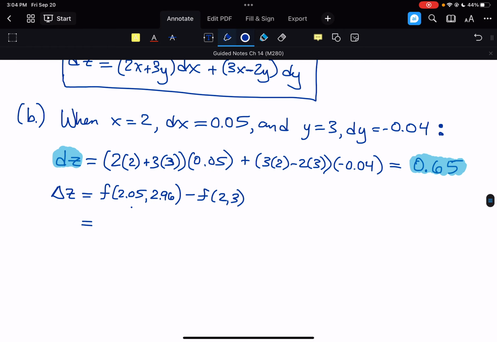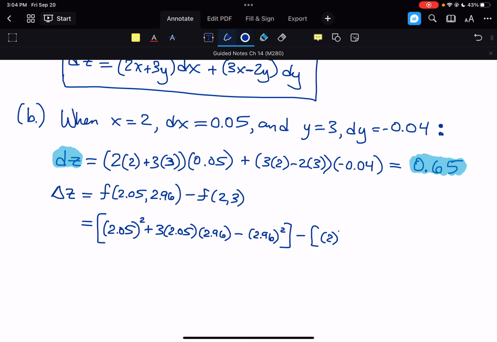So we need to run these points through the function. So for the first one, we get 2.05 squared plus 3 times 2.05 times 2.96 minus 2.96 squared, minus 2 squared plus 3 times 2 times 3 minus 3 squared.